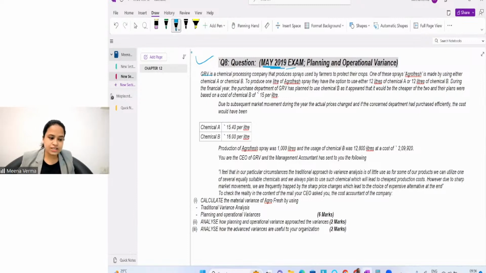Okay, GRB is a chemical processing company that produces sprays used by farmers to protect their crops. Okay, so it is a chemical processing company.